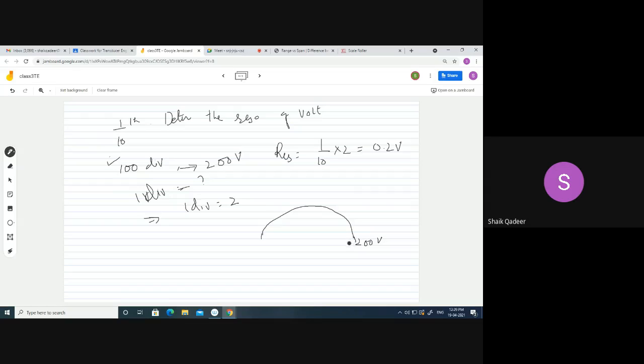And it is also mentioned that the instrument is able to measure 1/10 of a division. So the ability of an instrument to determine the smallest value is called resolution. One division makes a 2 volt measurement, 1/10 of a division will make a 0.2 volt measurement. That is the resolution of that instrument. Hope it is clear to everybody.